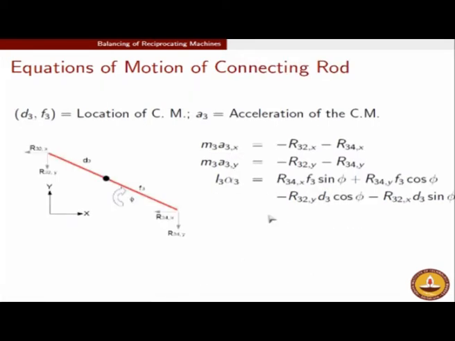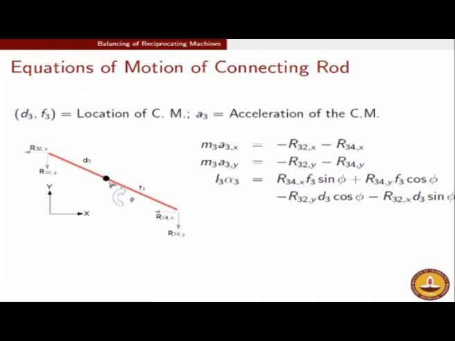Okay, SSETN also has a similar question about the connecting rod. For the connecting rod, this is a free body diagram. In the free body diagram, we are evaluating all the moments about the center of mass. We are not evaluating about the hinged point.